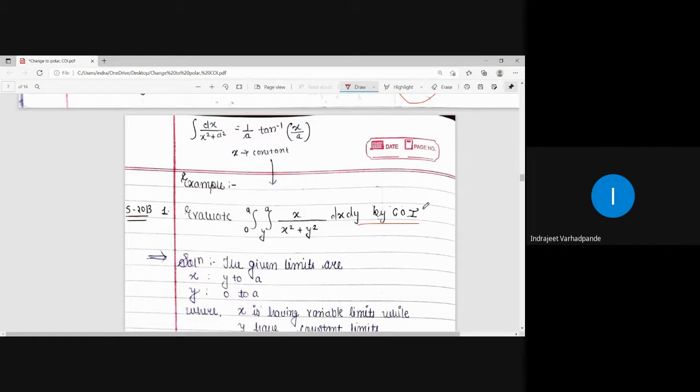So always focus on understanding or drawing the region first, and then appropriately get the new limits. How will the new limits be generated? It will be obtained just by swapping the limits. We will be trying to simplify and get the answer.